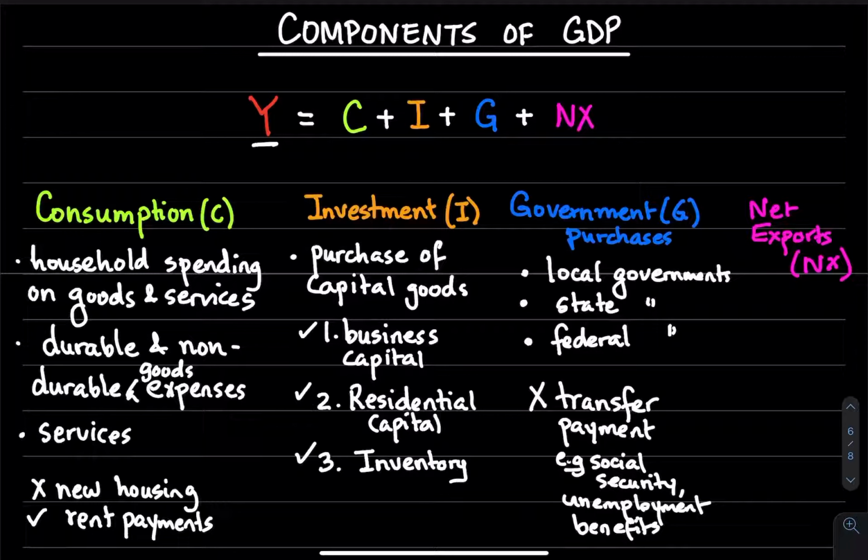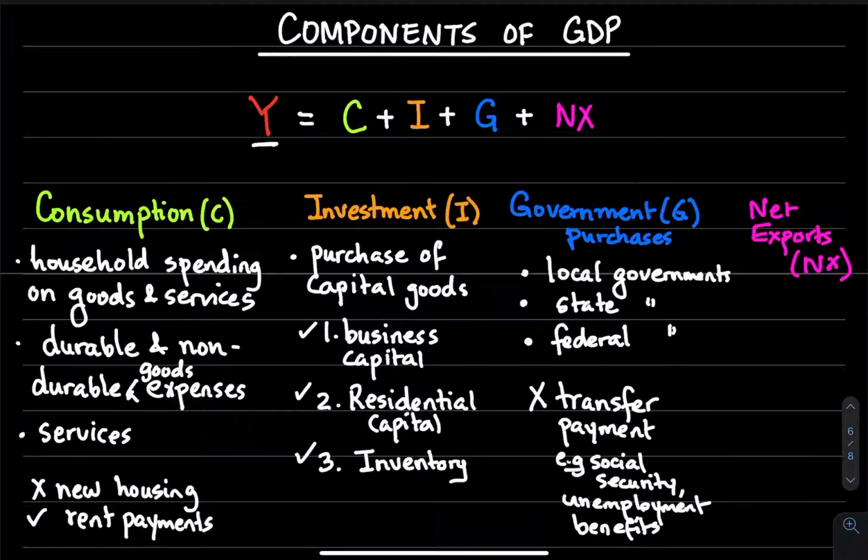So let's say your grandma or grandpa receives a Social Security check, then they're going to spend on goods and services, and that is going to be counted as consumption anyway. So we don't want to do any double counting, so we are going to exclude transfer payments from government spending or government purchases. Okay, but obviously if the government is spending on national defense or purchasing medical equipment and things like that, it is going to be counted in GDP accounting.